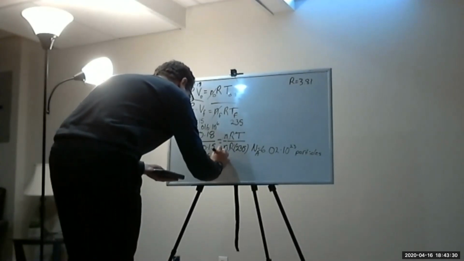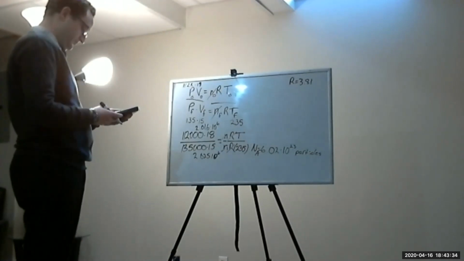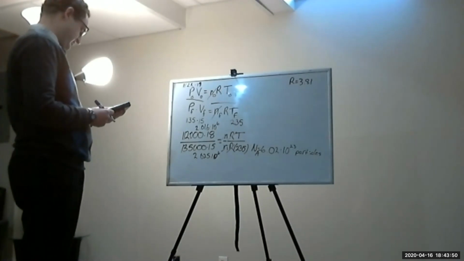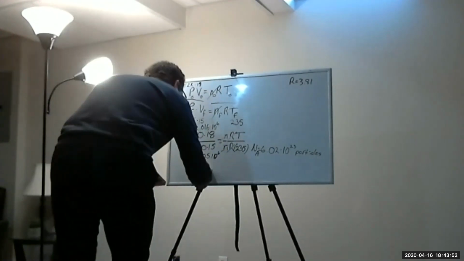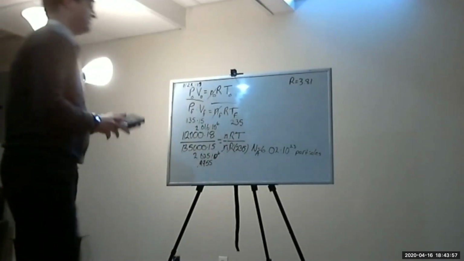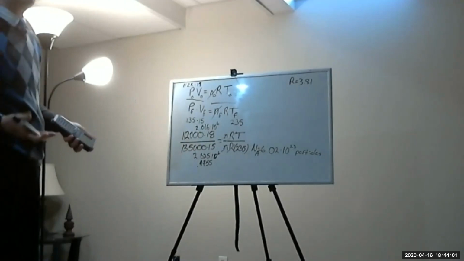There we go. I divide them by each other. Okay, anyhow, I get 0.9955. Okay, might be a rounding error. It might be supposed to be 1.